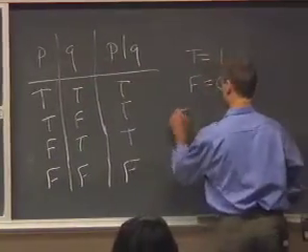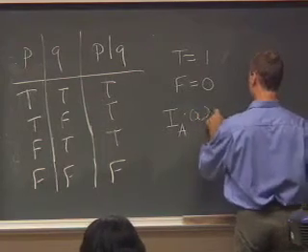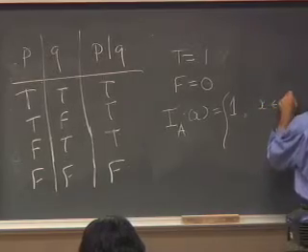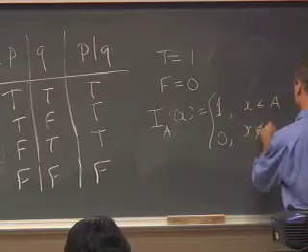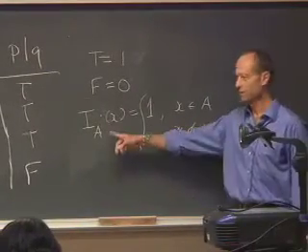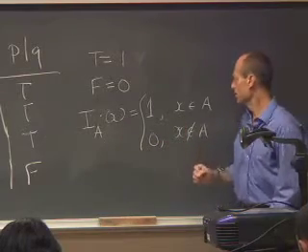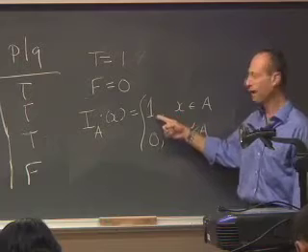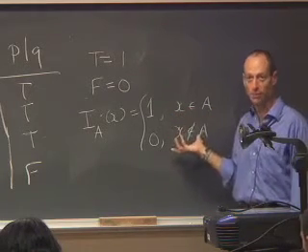We're going to write I_A of some value x is equal to 1 if x is in A, and it's equal to 0 if x is not in A. So this is the membership function or indicator function of the set A. Okay? So similarly, I_B would be the function that takes the value 1 for elements of B and takes the value 0 for things that aren't the elements of B.